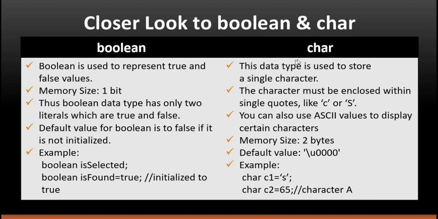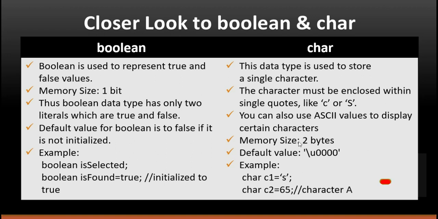The next data type is the char data type. Char is generally used to store a single character. If you want to store only a single character like C, S, A, B, you can go for the char data type. But while storing a char, you need to enclose it in single quotes. You can also use an ASCII value to display or store a certain character, so instead of storing the character, you can store its ASCII value.